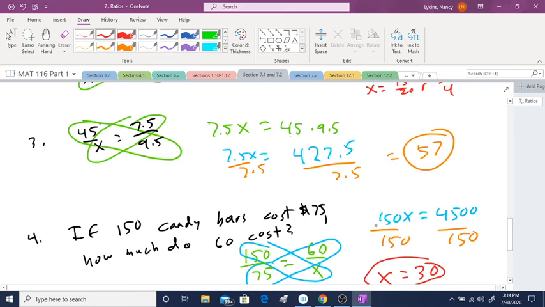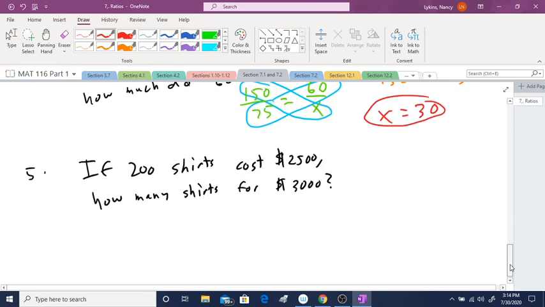Some of us can do this in our head: when we see 150 and 75 is half, so it's 50 cents, so it's half. So you can say 60 divided by 2, or half of 60, gives you 30. But not all of them are that easy to recognize.